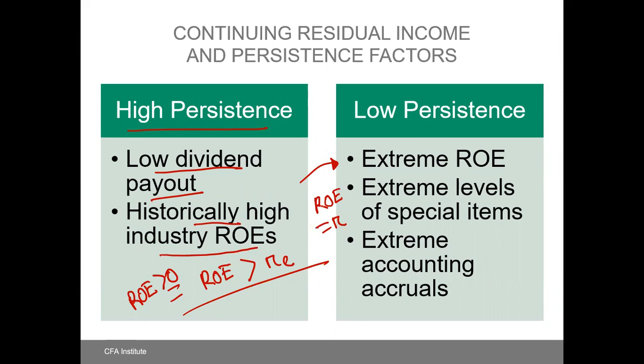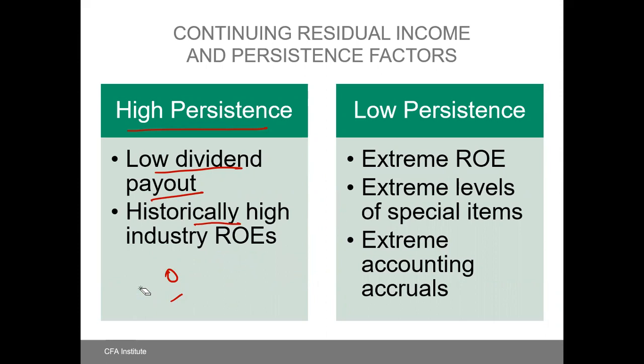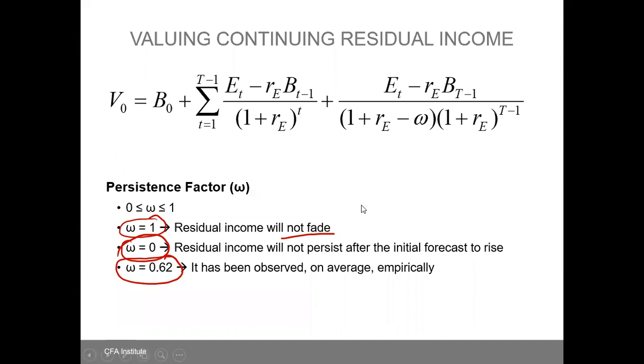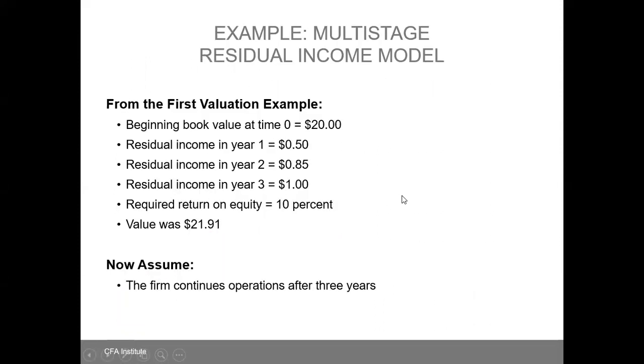Or the firm has generated sales with extreme recognition of accruals, and is likely to face difficulties in the coming period. In that case, there will be low persistence. So we'll use this for accommodating what is going to happen after year 3.